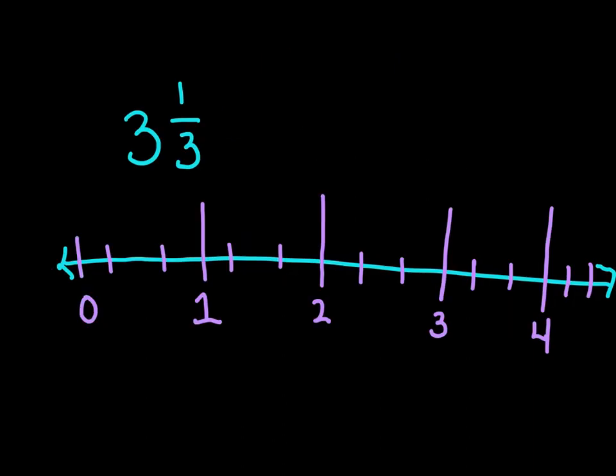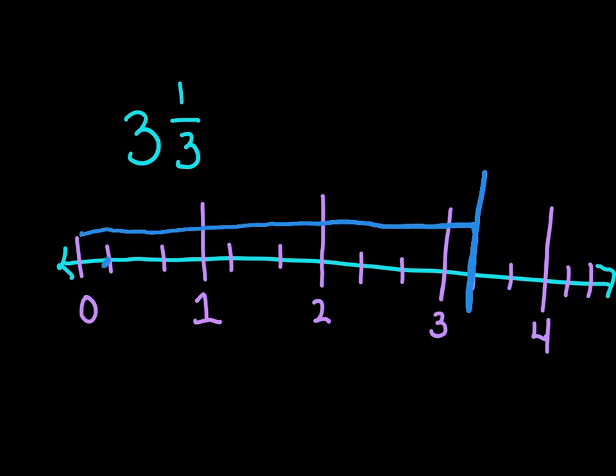Okay, same thing for 3 1/3. We need to convert this into an improper fraction or a fraction greater than 1 by using the number line. So we're going to start on 0, and we're going to go past 3 wholes to 1/3. So I'm going to go past the first, second, there's my 3 wholes, and then I'm just going to go up right there and stop, because that right there, my friends, is 1/3.